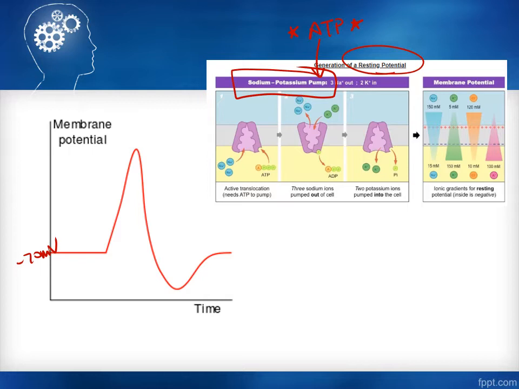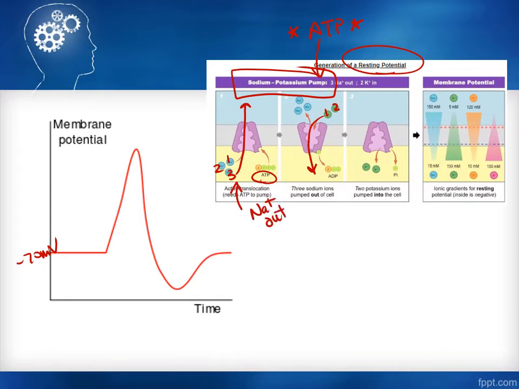The sodium-potassium pump is going to take 1, 2, 3 sodium ions and push them out of the cell. It's going to take 1, 2 potassiums and pull them into the cell. And this, of course, is going to use some ATP to make it happen. 3 sodiums out, 2 potassiums in, because we have more positively charged stuff out.